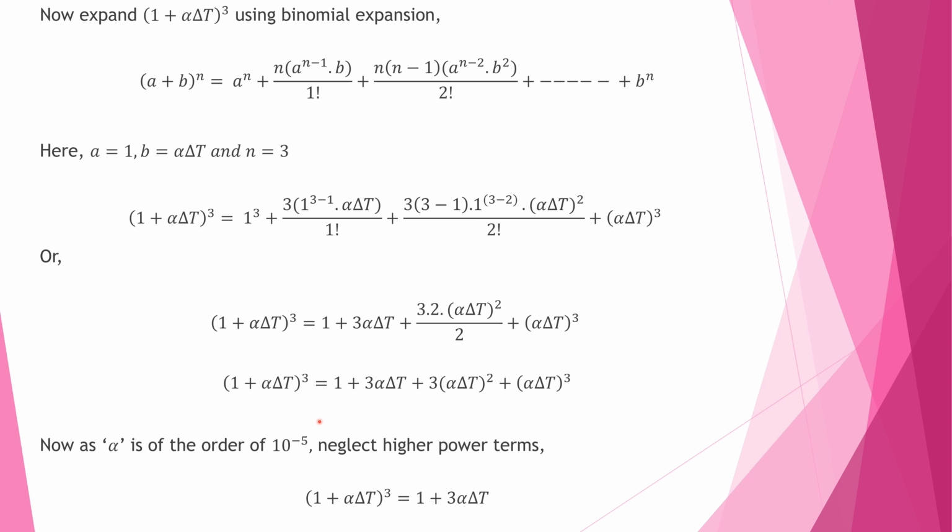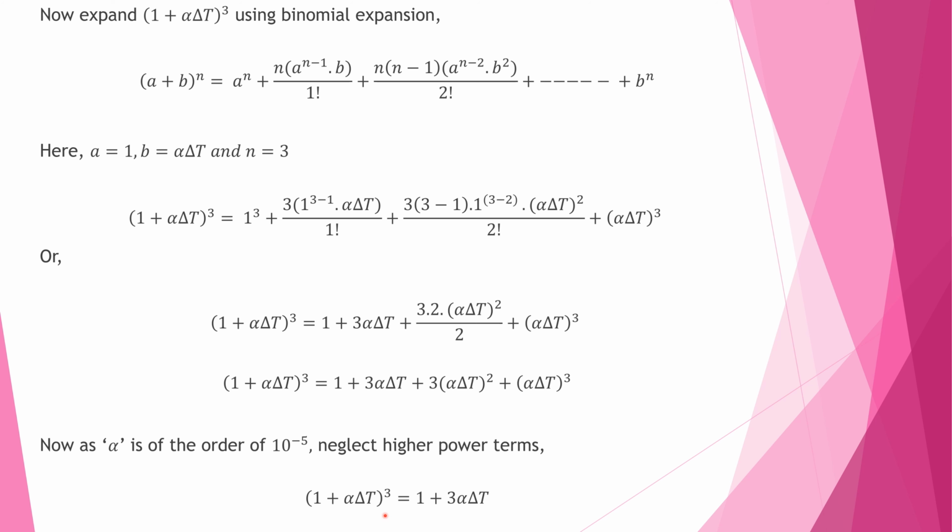So if we square it, it will become 10⁻¹⁰, and if we cube it, it will become 10⁻¹⁵. So what we do, we neglect (αΔT)² and (αΔT)³. The equation reduces to (1 + αΔT)³ is equal to 1 + 3αΔT.